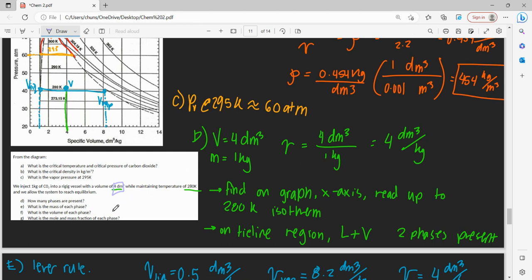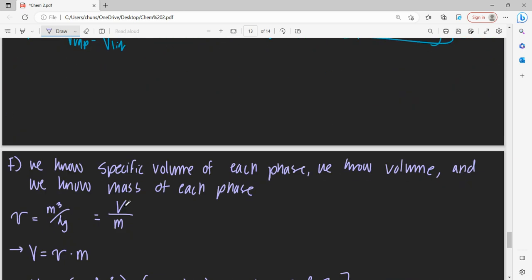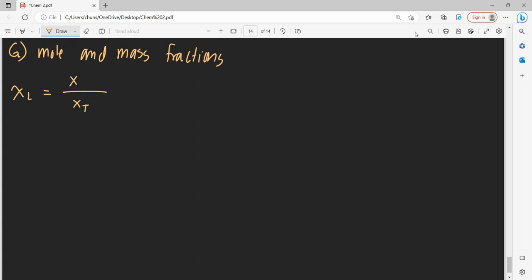Now, what is the mole and mass fraction of each phase? Let's do this in orange. So this is G. Simple enough. Mass fractions are denoted with an X, which is equal to the mass of our phase over the mass of our total.